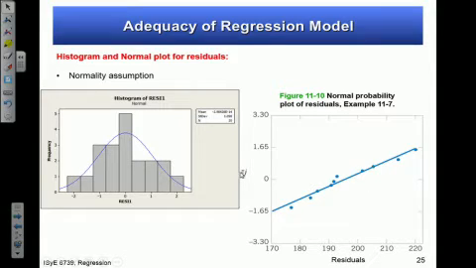So the assumption of normality is good. Is it clear? This is the histogram for residuals, and this is the normal plot. You will learn how to construct this chart. But for now, if these points are around a straight line, then you can assume that the distribution is normal. You just need to know how to interpret that for now.